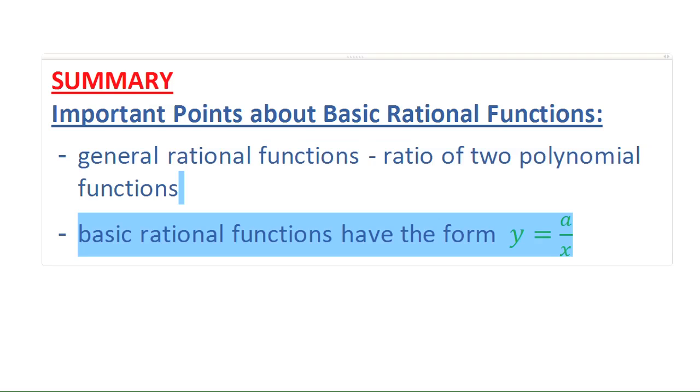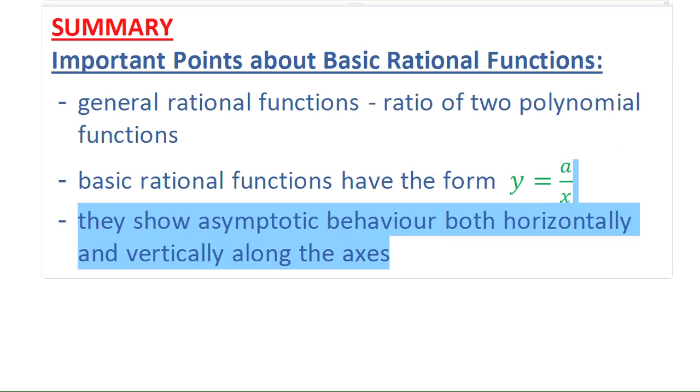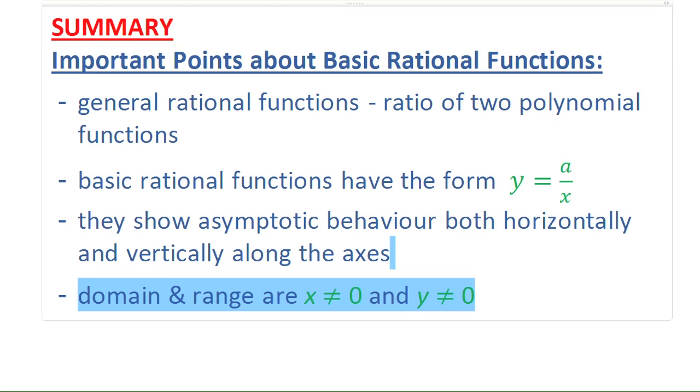We found that basic rational functions have that form y equals a over x, some constant over x. We looked at how they show asymptotic behavior, both horizontally and vertically along the axes. We looked at how the domain and the range were essentially x cannot be 0 and y cannot be 0. They cover all real numbers except for 0.